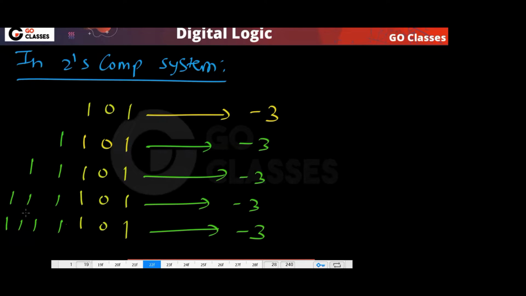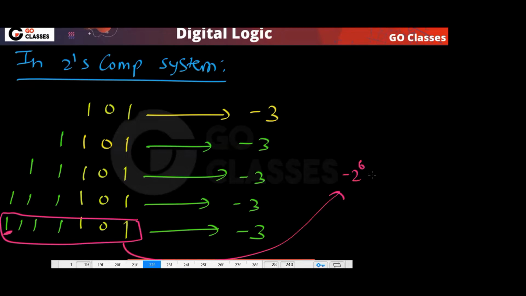For example, let's check this one. What will this one be? This position has weight minus 2 power 6. And the remaining is 2 power 5 plus 2 power 4 plus 2 power 3 plus 2 power 2 plus 1.